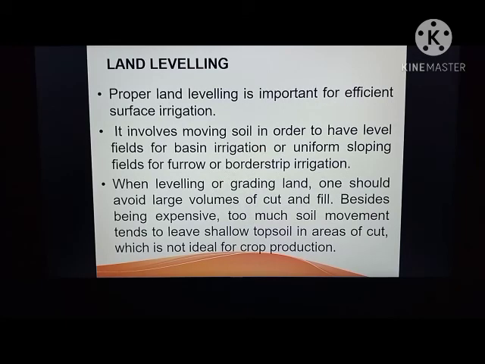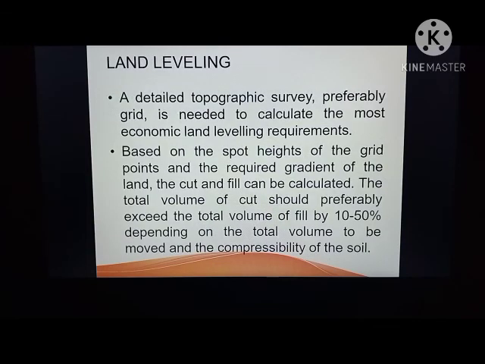Besides being expensive, too much soil movement tends to leave shallow topsoil in areas of cut, which is not ideal for crop production. In land leveling, this is important in our field because having a leveled land will determine the infiltration of our soil.